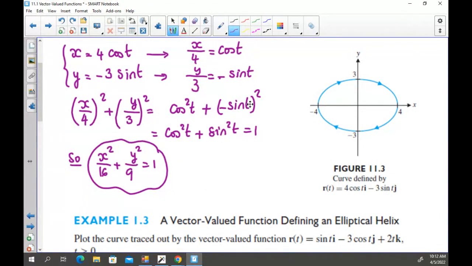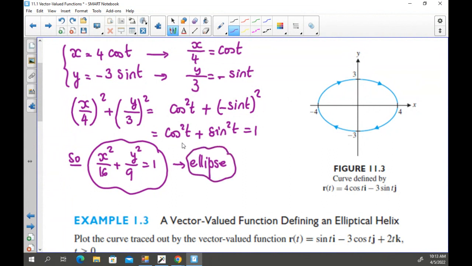So I'm trying to use that rule here. Are we okay with this? So now, what shape is this? This is an ellipse. We know these kinds of equations.